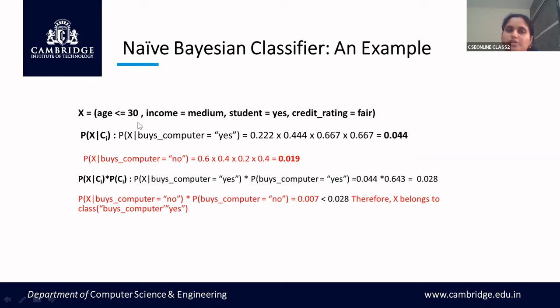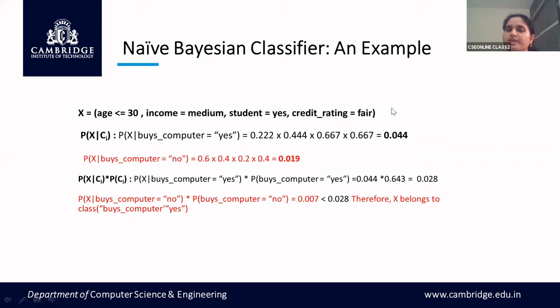That is, for this particular sample query, you can say the probability of buying a computer is more when compared to the probability of not buying the computer. So you can assign this test sample as buys computer is equal to yes, by applying Bayesian theorem.